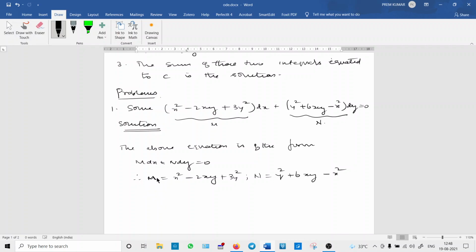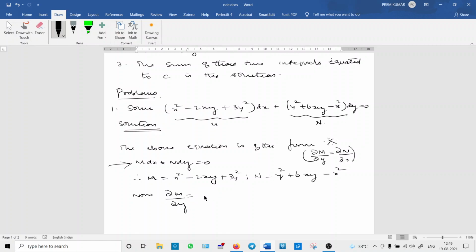So now M and N are found out. What is the condition that should be satisfied by this equation to be an exact differential equation? Already we have studied one theorem in the last session. If this condition is satisfied, that is, M differentiated partially with respect to y must be equal to dou N by dou x, then automatically the given equation is an exact differential equation. Now, what is dou M with respect to dou y?